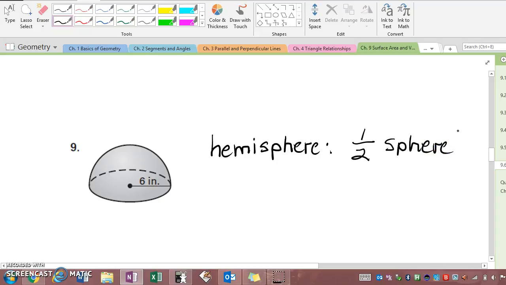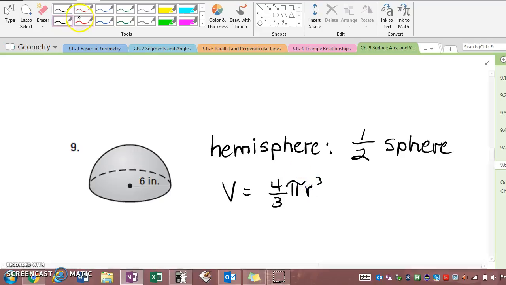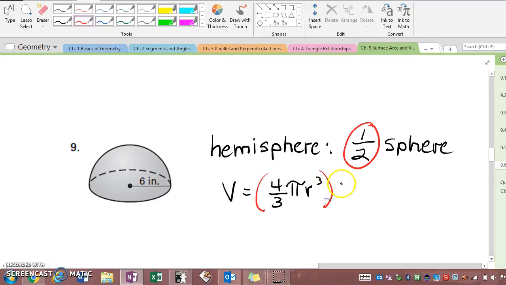So what we can choose to do is just use our volume formula, 4/3 pi r cubed. Then, because it's a half of a sphere, what do we have to do to that answer? We have to divide it by 2.